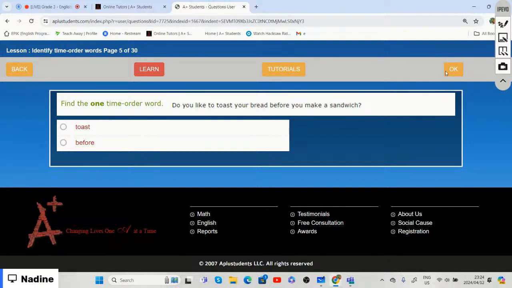Do you like to toast your bread before you make a sandwich? So is it toast or before?